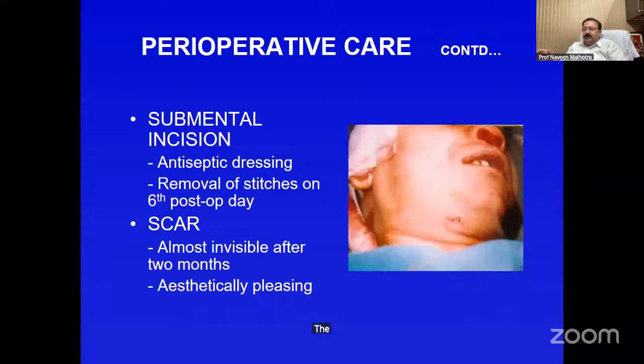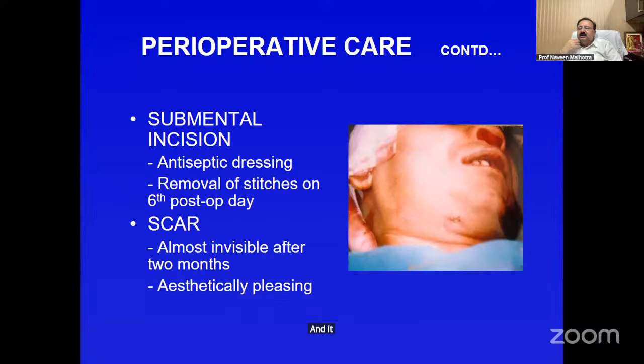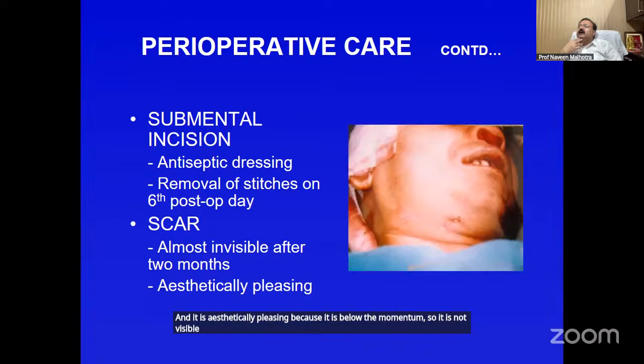Antiseptic dressing is applied over the stitch line, and the stitches are removed on the 6th or 8th post-op day. The scar is almost invisible after 2 months, and it is aesthetically pleasing because it is below the mentum, so it is not visible unless the neck is extended.